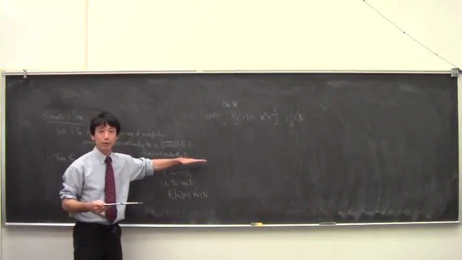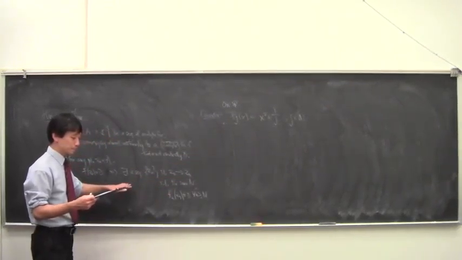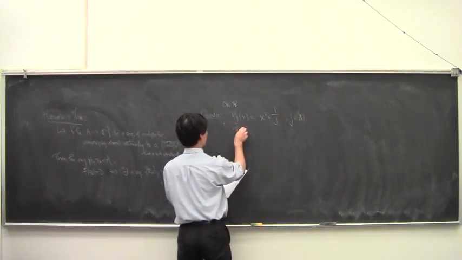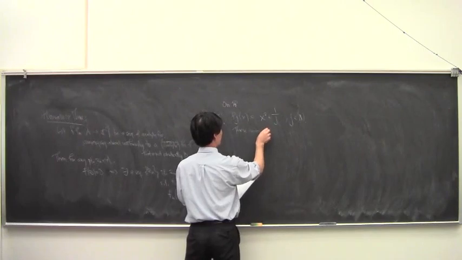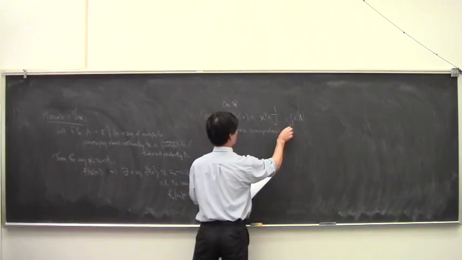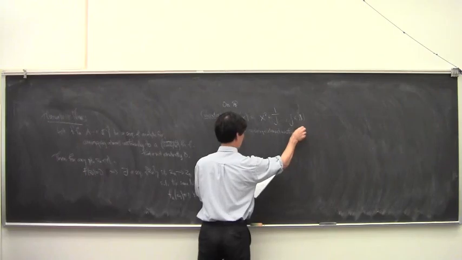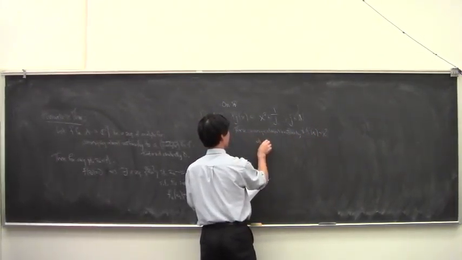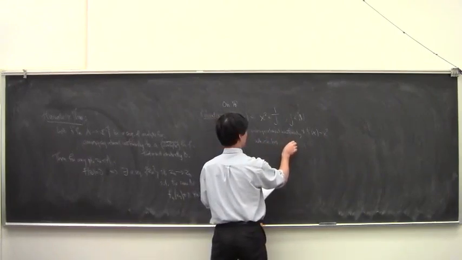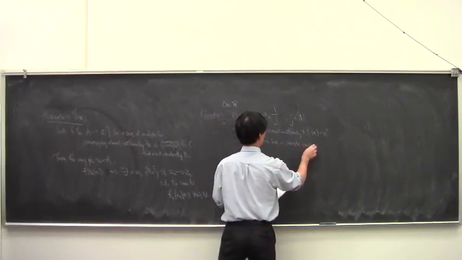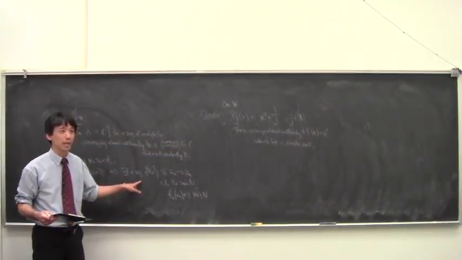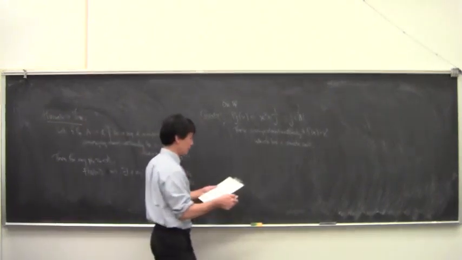None of these guys have zeros, but their limit has a 0. These converge almost uniformly to f of x equals x squared, which has a double 0. So that's different from what Hurwitz's theorem says has to happen for complex functions.